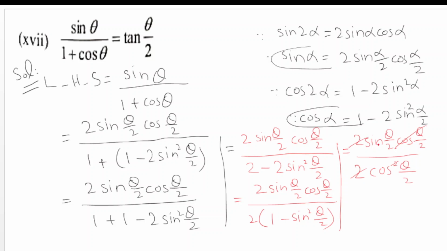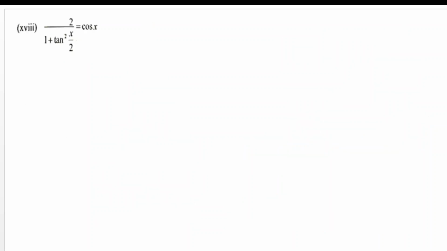So what's the remaining? Sin theta by 2 over cos theta by 2. That will be tan theta by 2 and which will equal to right hand side. So I hope you understand this question. So let's move toward the next question, that is equal to 2 by 1 minus tan theta.